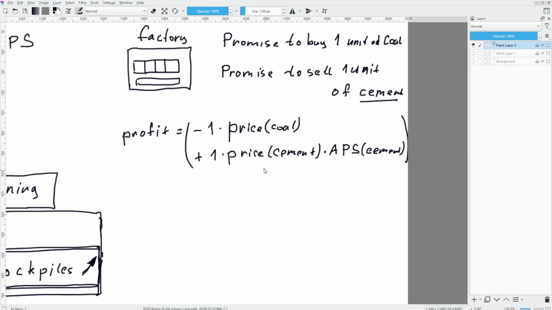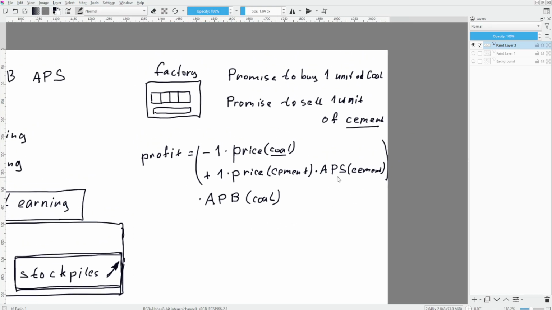But then we should multiply it by how many goods we were actually able to buy, how much coal we were able to buy. So it depends on actual ability to buy coal. If you're unable to buy coal, of course there will be zero profits. Well, we can assume that there are no workers.